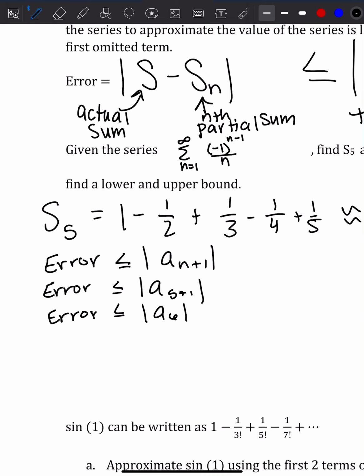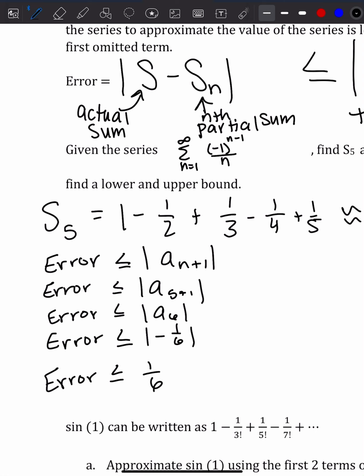A sub 6, we just had plus 1/5, so our next term is going to be negative 1 over 6. So negative 1/6 is the cap here. So negative 1/6 is our absolute value. So our error is less than or equal to 1/6.